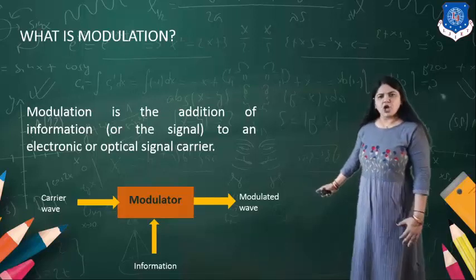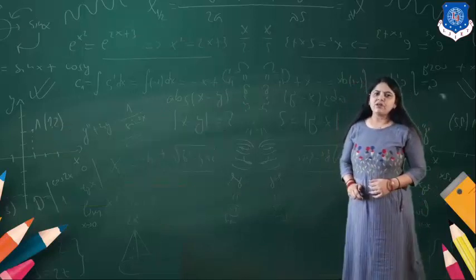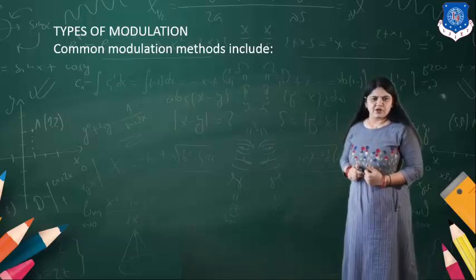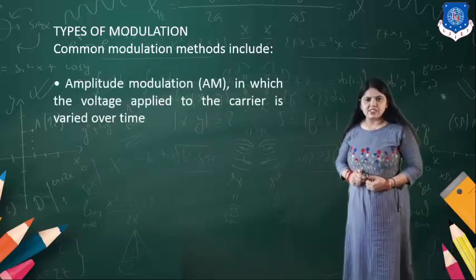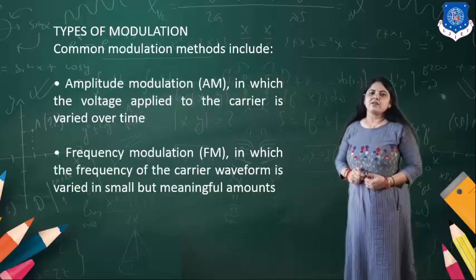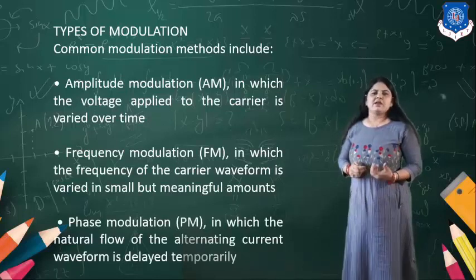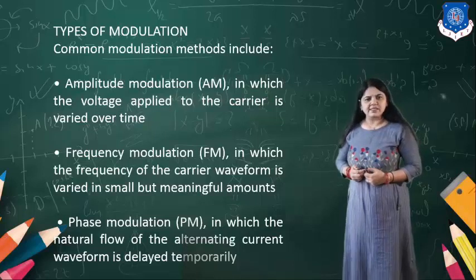This modulator block diagram is applicable for any kind of modulation. The common modulation methods include amplitude modulation, frequency modulation and phase modulation. In amplitude modulation, the voltage applied to the carrier is varied over time.